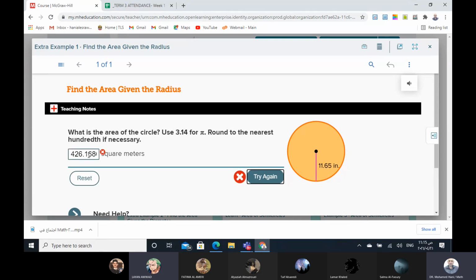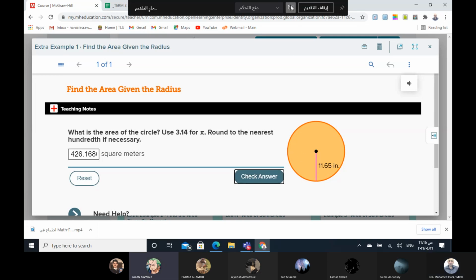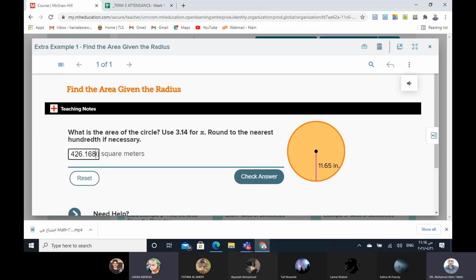Yes, this is exactly. And here we need what? Round to the nearest hundredths. So it will be 0.17. Yes. Now correct. Okay.